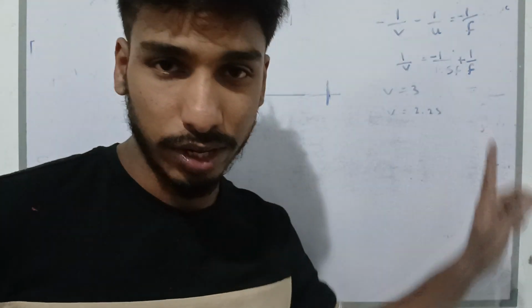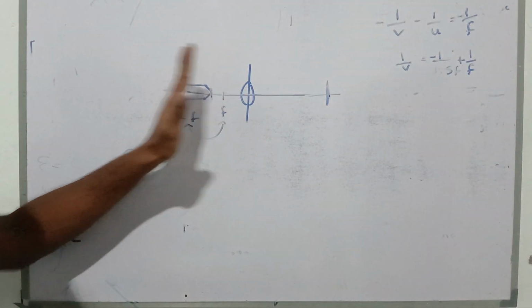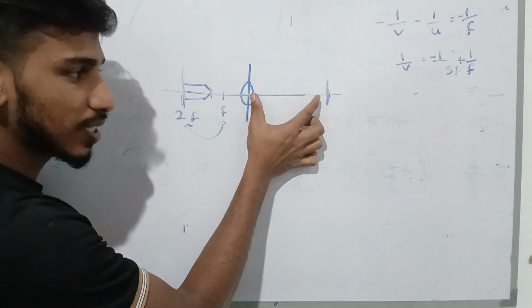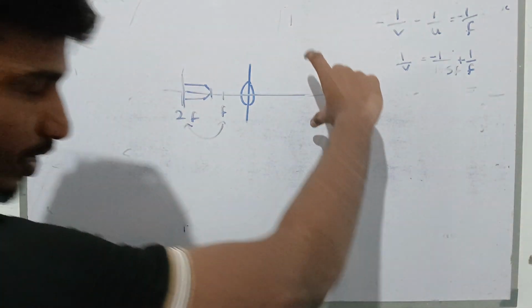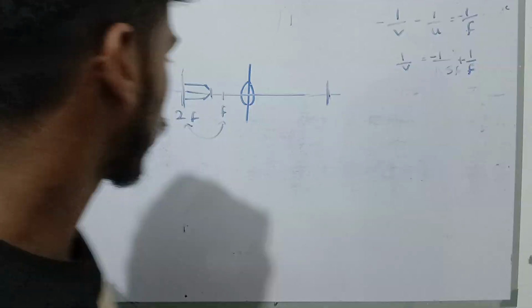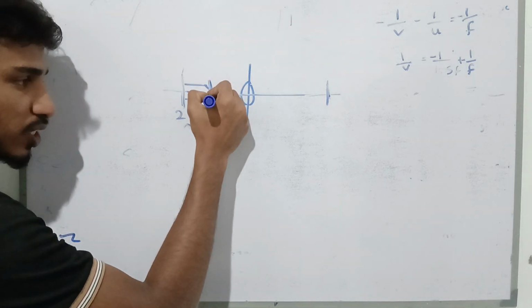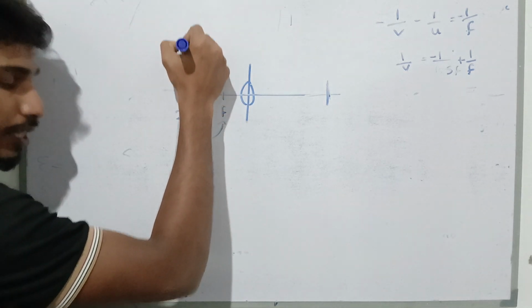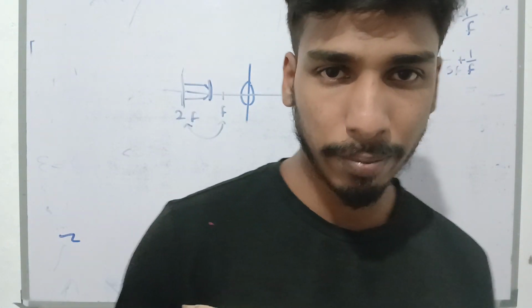It is in terms of f, okay, but just for a rough idea I gave you that. So let's come to the part again. When you move away from f, the image distance will reduce. At the same time, the image height will also reduce. The magnification will reduce. So the magnification here has to be larger, and when it moves away, the magnification has to go down. Okay, so these are some points you should remember.